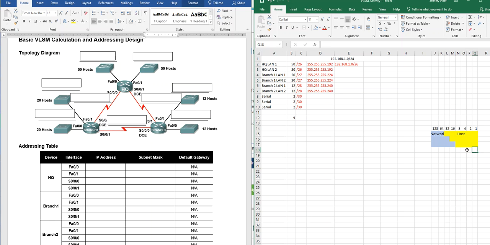You need 4 bits. And then that would be remaining 6 over here for your network.